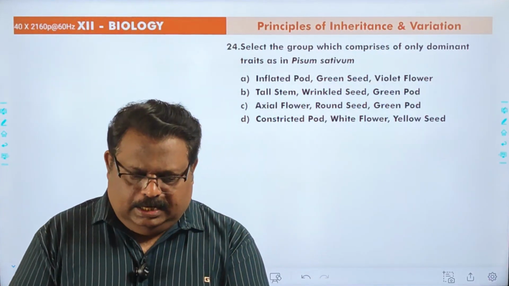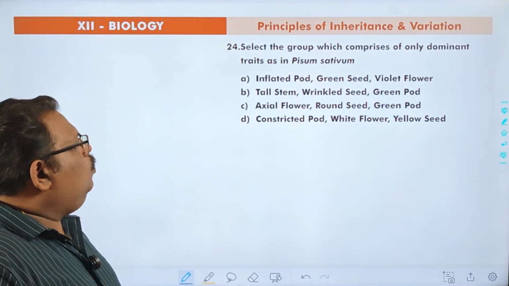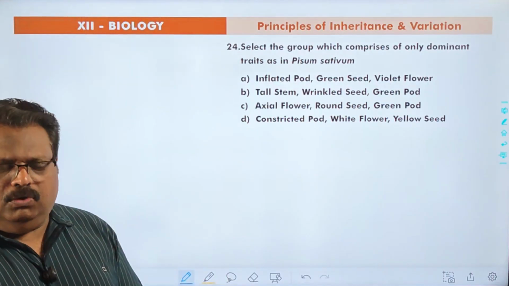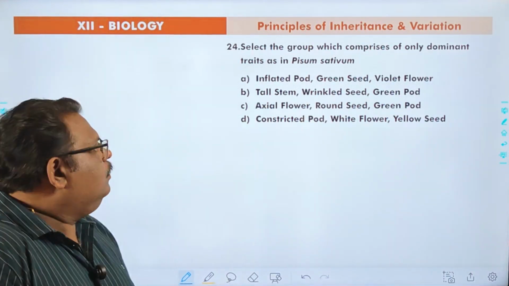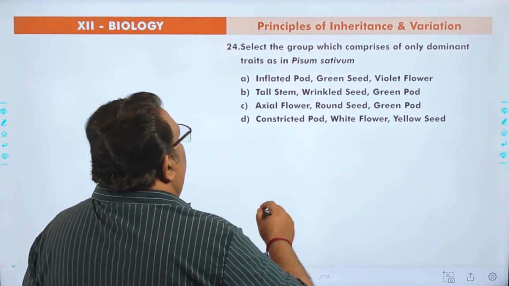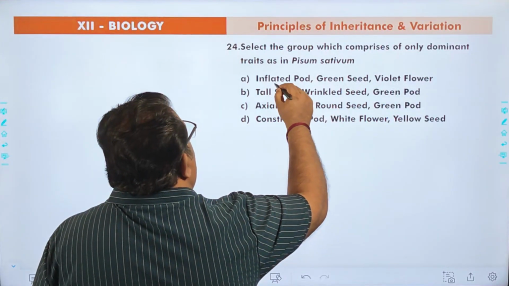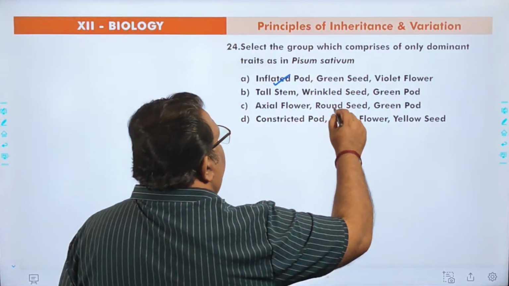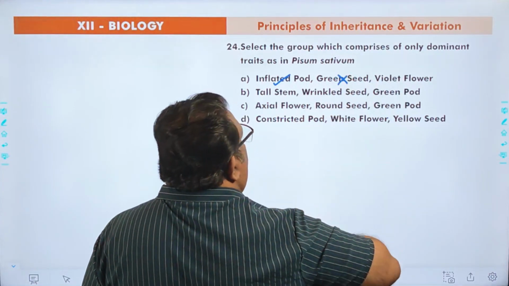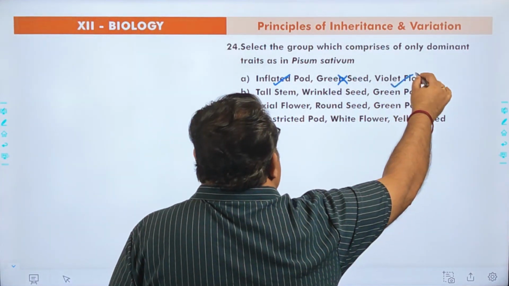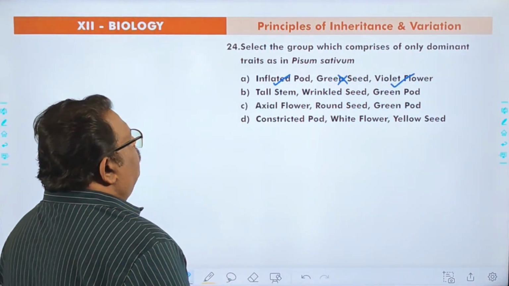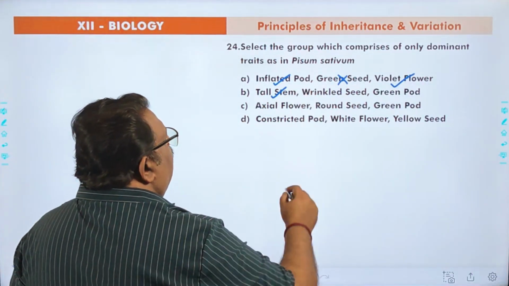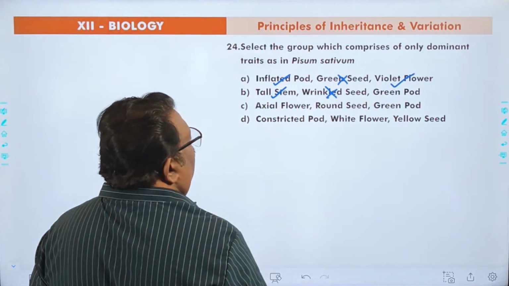Next one regarding Mendelian features. Select the group which comprises only dominant traits as in Pisum sativum or garden pea. So here inflated pod is a dominant one. Green seed is a recessive one. Violet flower is a dominant one. So A is not the answer. Tall stem is dominant. Wrinkled seed is recessive.